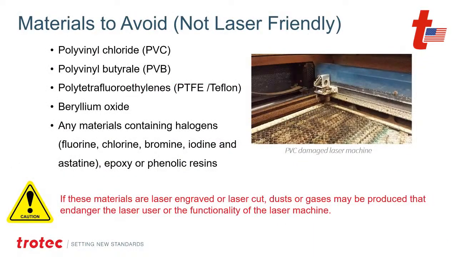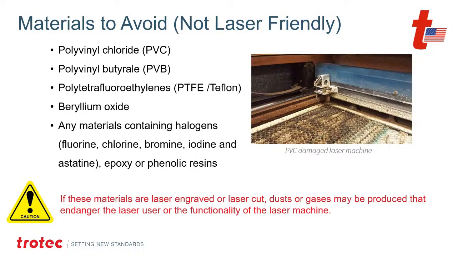Now, I do want to cover a few engineering-based materials that are also not laser-friendly. Not because they don't work, but because they're dangerous for your laser system. So this is our list of materials to avoid with your laser system. The reason is that these materials can produce chlorine gases, and these chlorine gases can be corrosive. It's not that they don't work with the laser system.